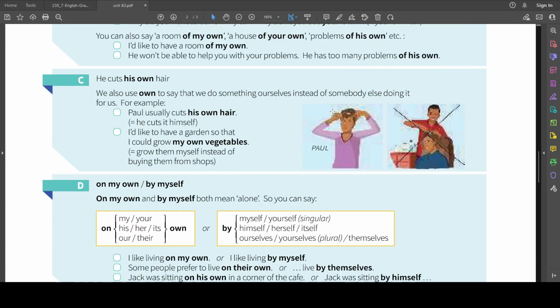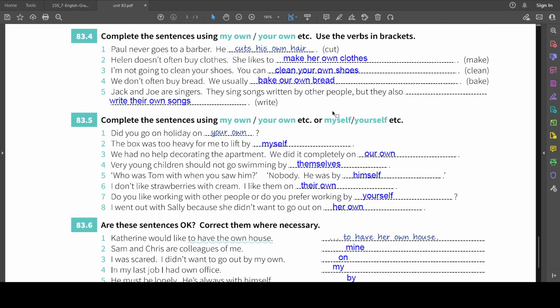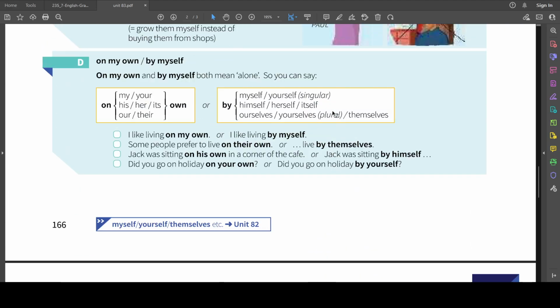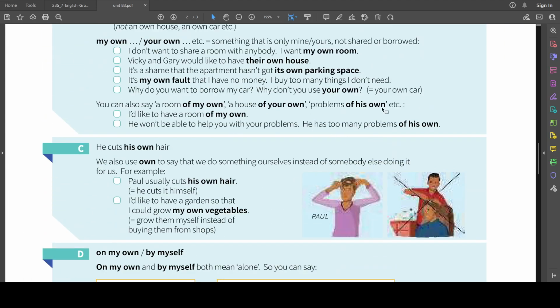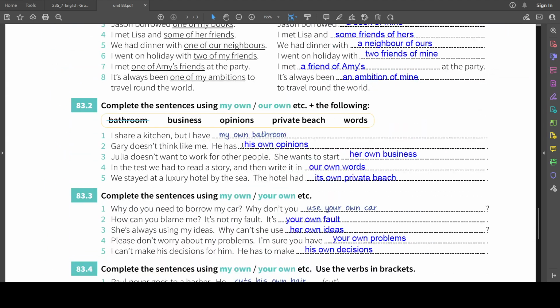Let's move on to this slide. That's an interesting part. Something that is only mine, yours, not shared or borrowed. Okay, my own, your own.